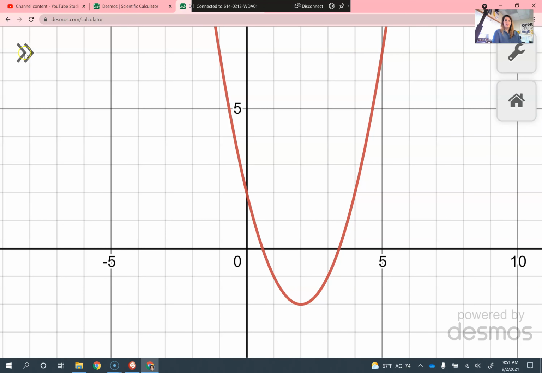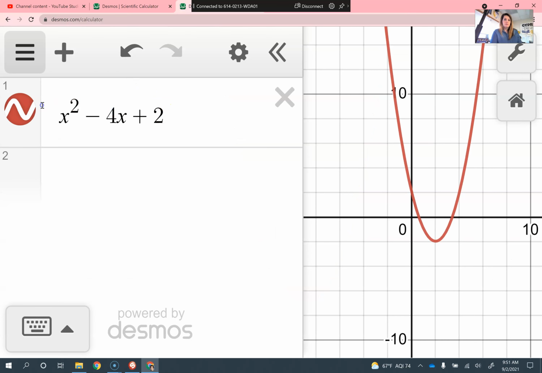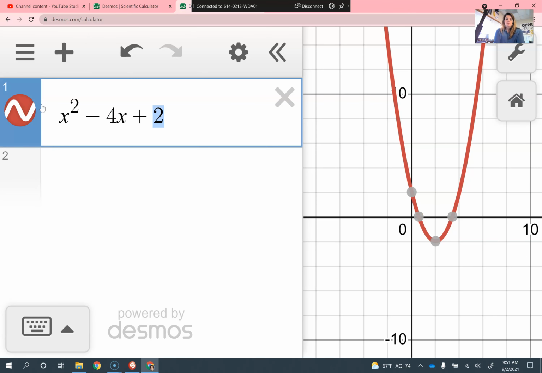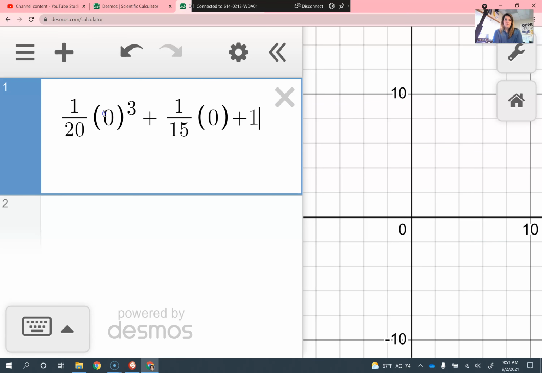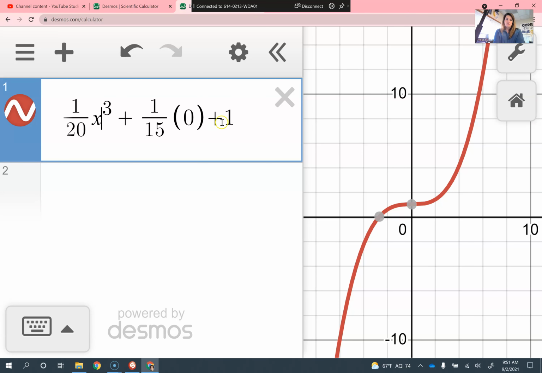That's Control V. Instead of having the 0, because that's the last one I did, I'm going to change it to an X.